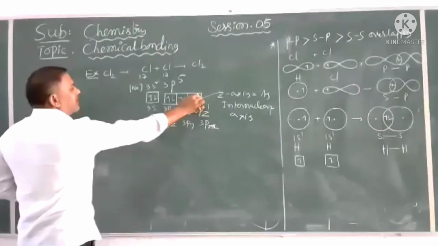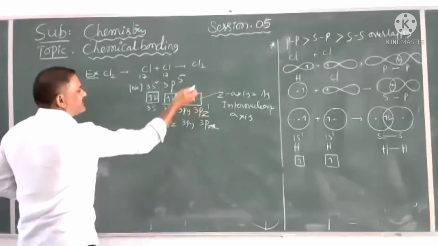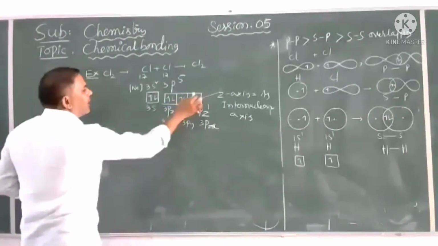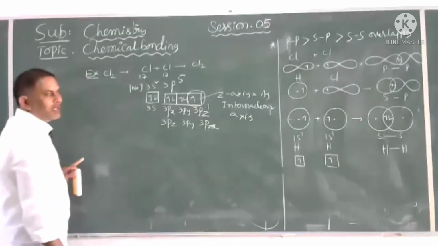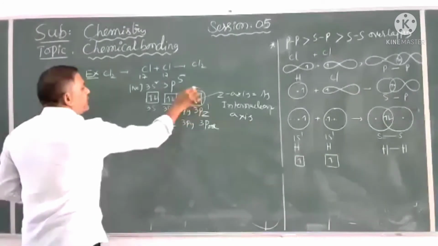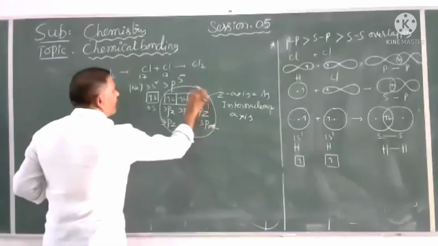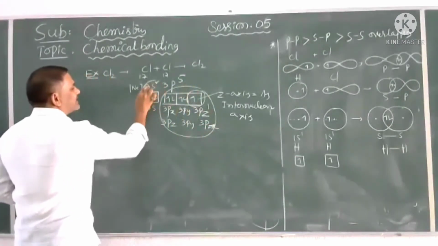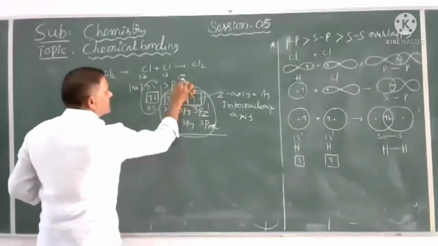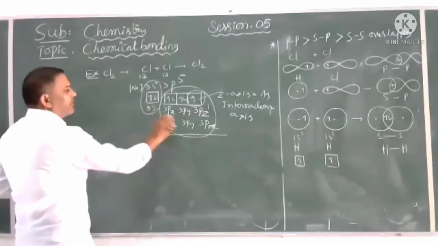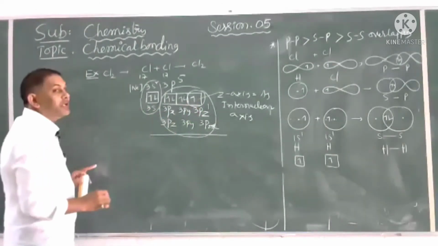According to VB theory, this internuclear axis contains one half-filled unpaired electron. The p orbital shape is dumbbell. The p subshell contains 5 electrons and the s subshell contains 2 electrons. Total valence electrons are 7, and among the 7, 1 electron is unpaired.